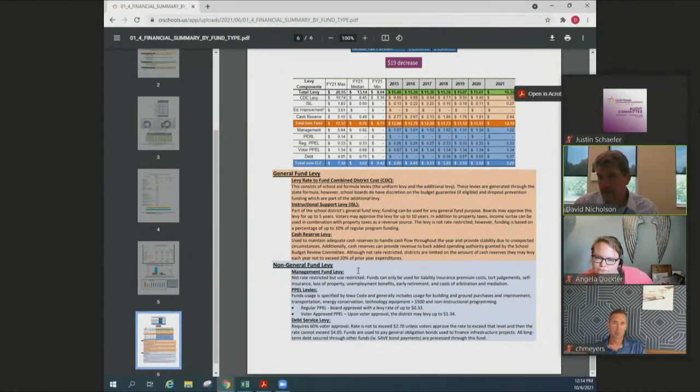It caps how much you can levy, because the state doesn't want you to keep levying whatever you want and building up cash balances and letting them sit there.